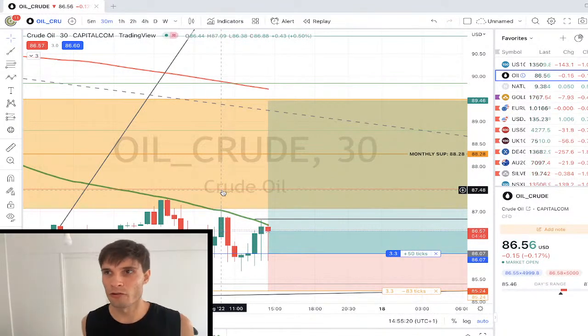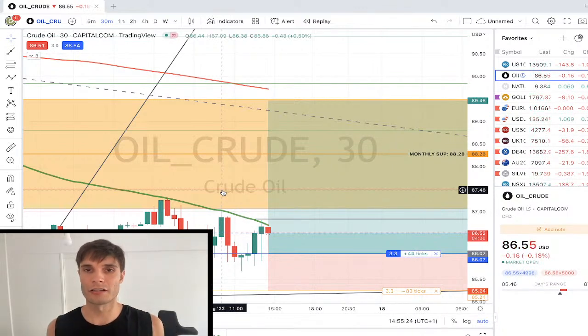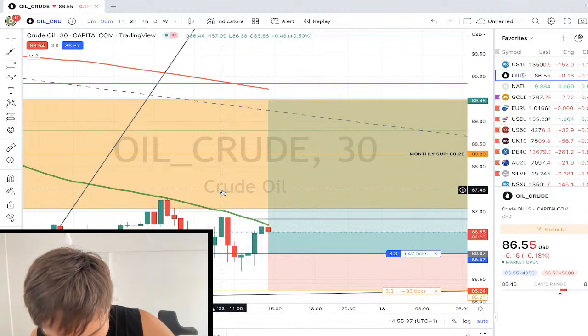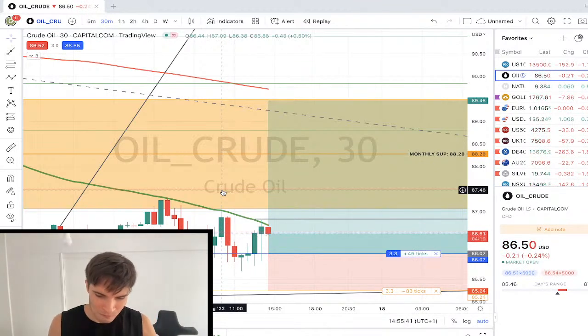I'll have my timer on every 30 minutes so I can monitor the trade, and if there's a sign of a reversal, then I can exit with the profit that I have. But yeah, this should be good.